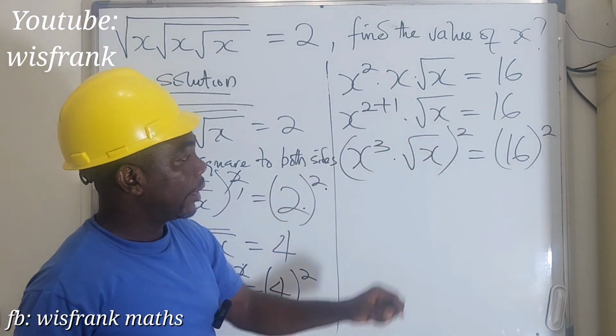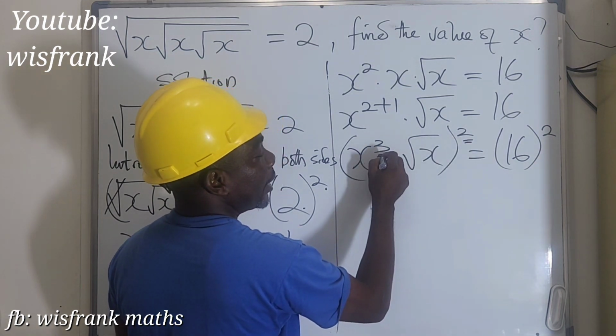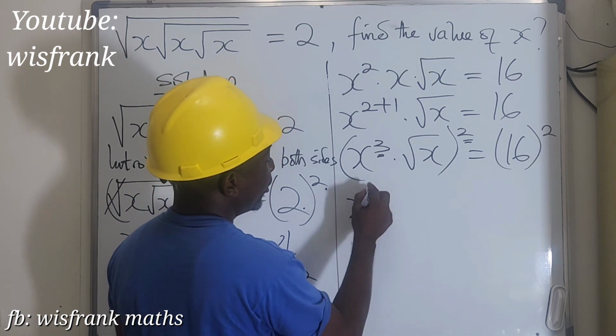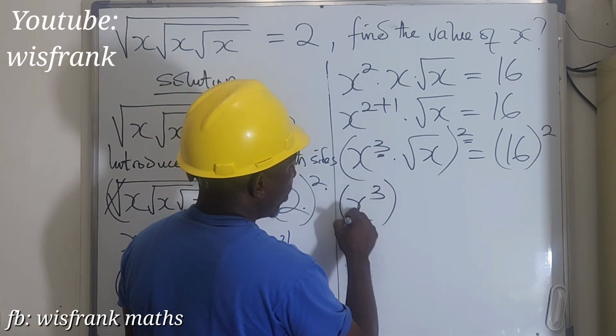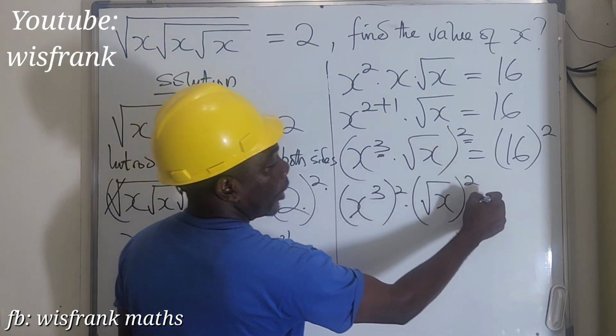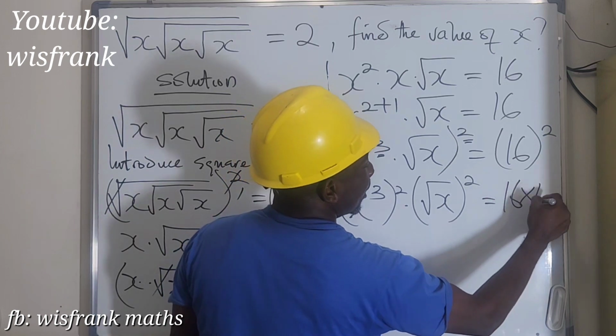We are squaring both sides. Now, as we said before, these 2 will affect this 3. So it now becomes x raised to the power of 3, all squared, times the square root of x squared, equals 16 squared, which is 16 times 16.